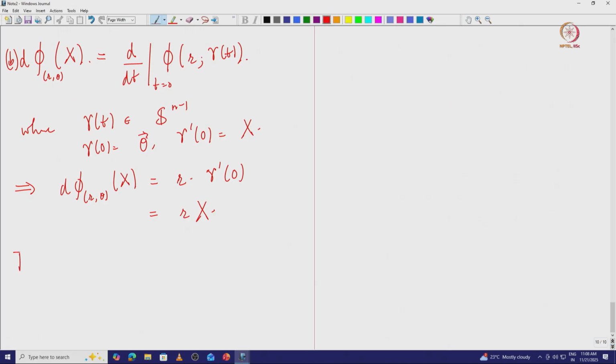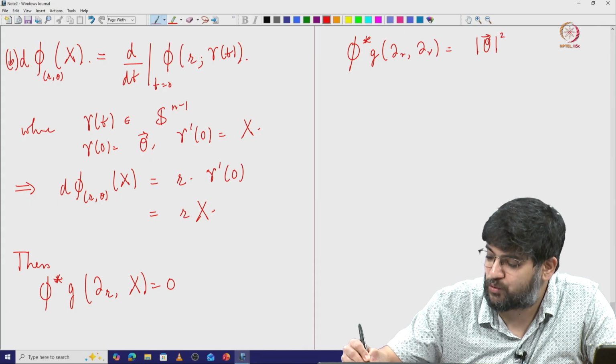So now that we have the derivative map, one can easily compute. I will leave this as an exercise for you to check that phi star g of del r comma x is 0, phi star g of del r comma del r is basically just mod theta squared, which is 1.